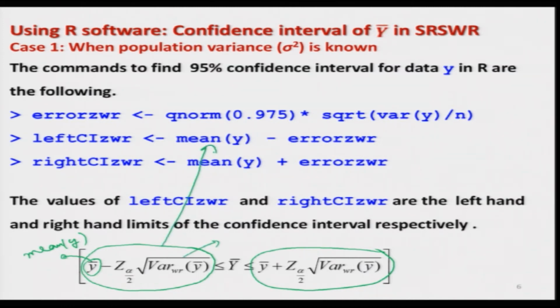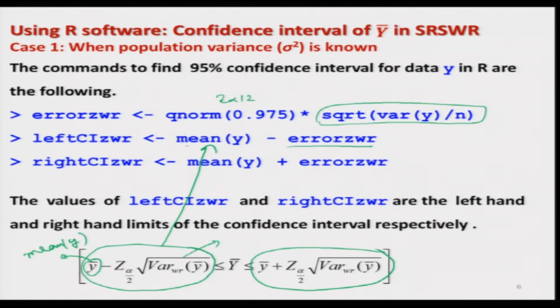So, this can be written over here. You can see I am writing mean of y minus error ZWR, where error ZWR is z alpha by 2, which is obtained by qnorm 0.975 for alpha equal to 0.05, and the standard error is obtained by the command sqrt of variance of y divided by n. So, this will give you the second component of the lower and upper confidence limits.